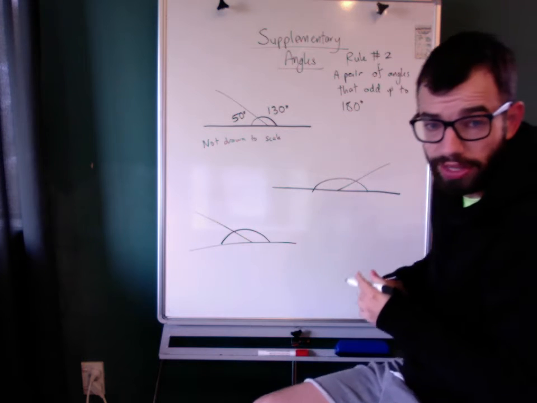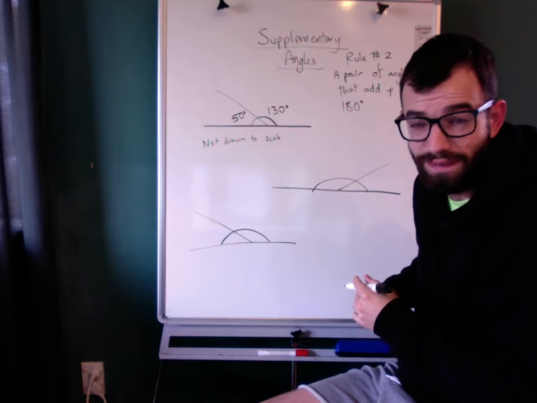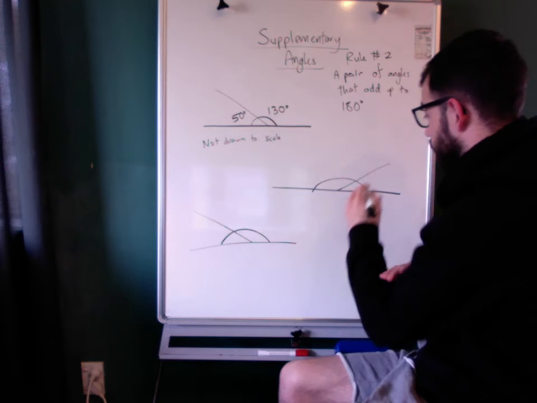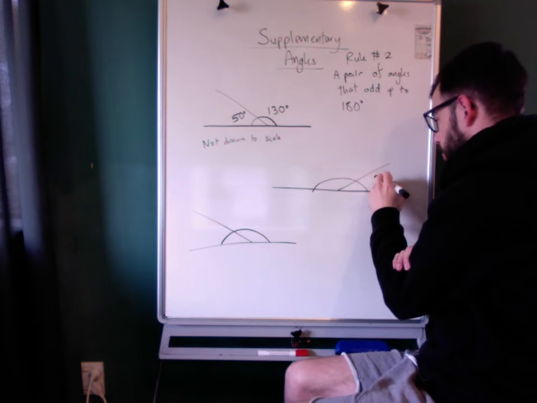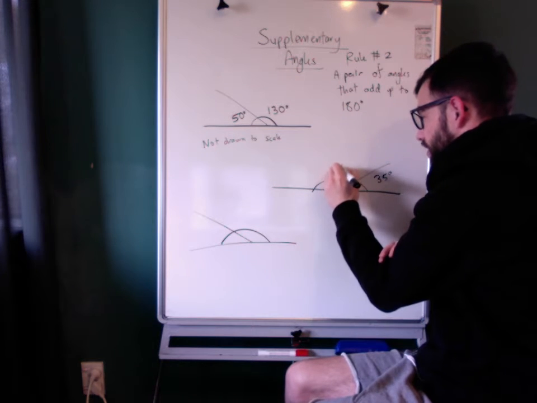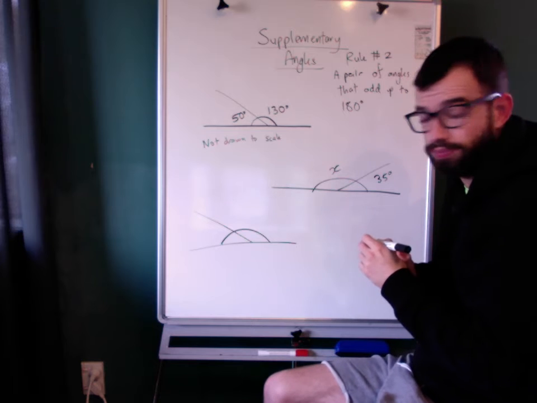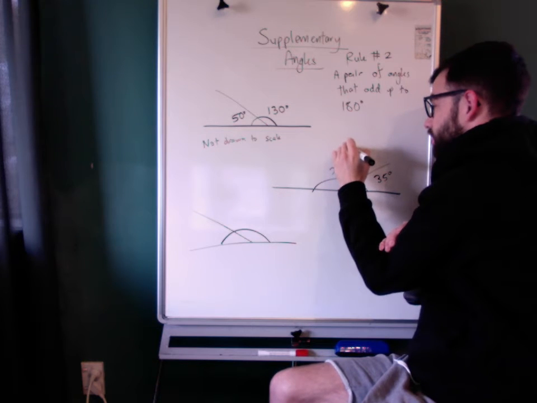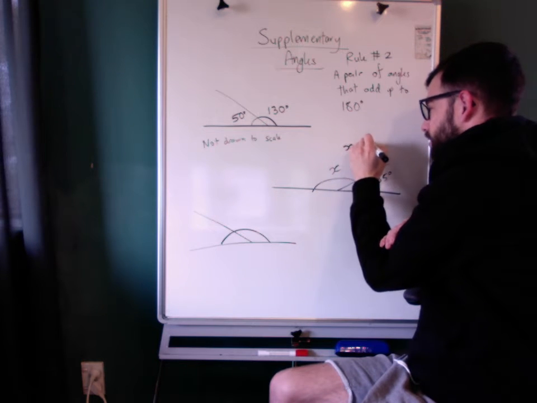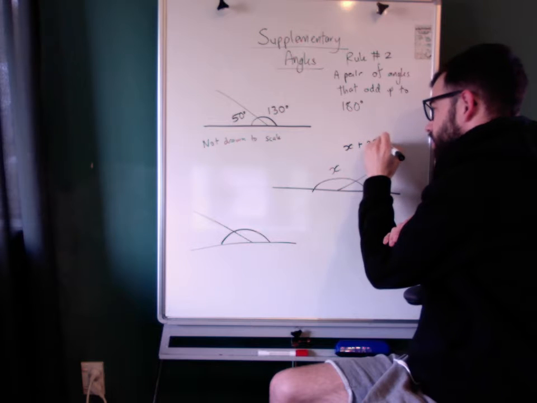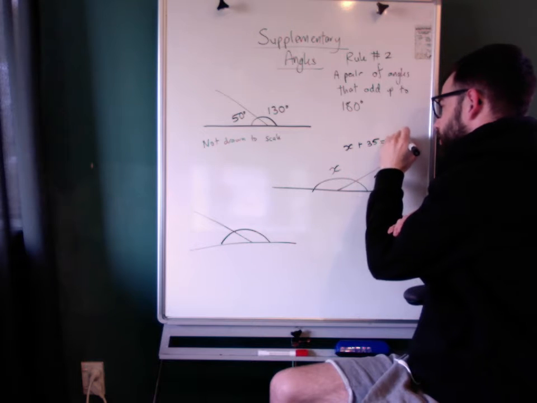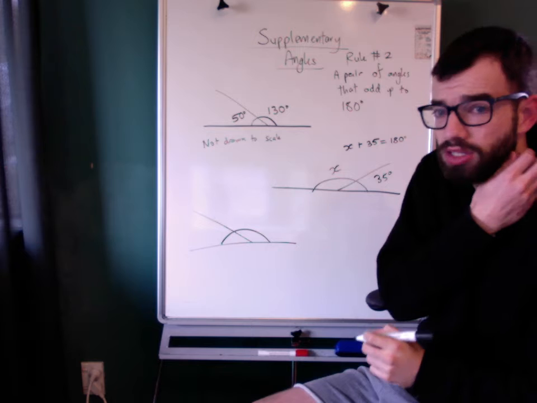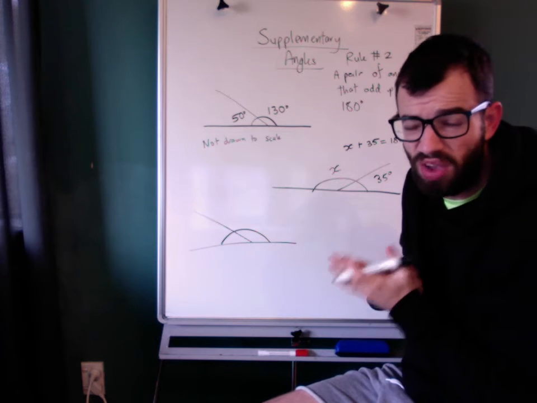Okay, so now we're going to look at 2 different examples and just have a go at figuring out what happened here in mystery one. So this one, we've got 35 degrees, and we have, again, our mystery x. So we can write it like this: x plus 35 equals 180. How do we figure that out?